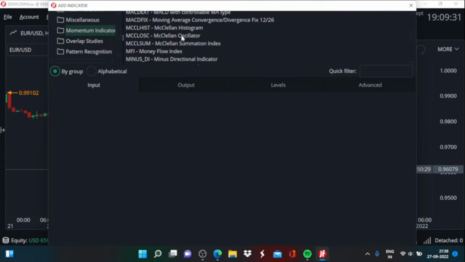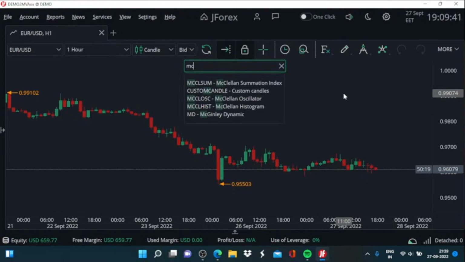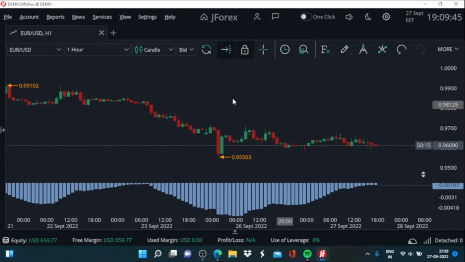McClellan oscillator, here it is. Or you can simply do a quick search, type in, and here it is.